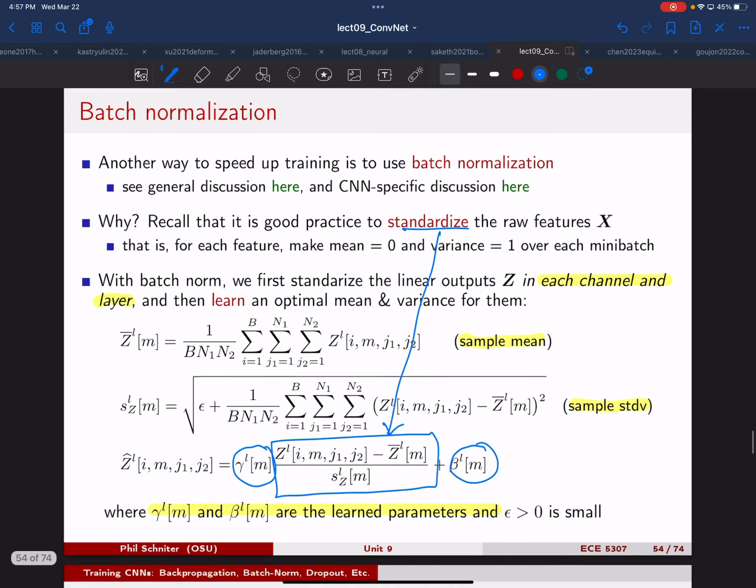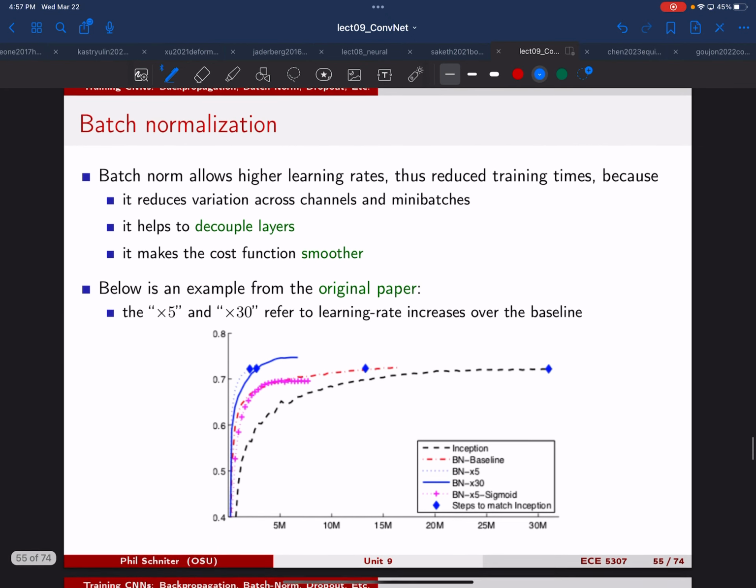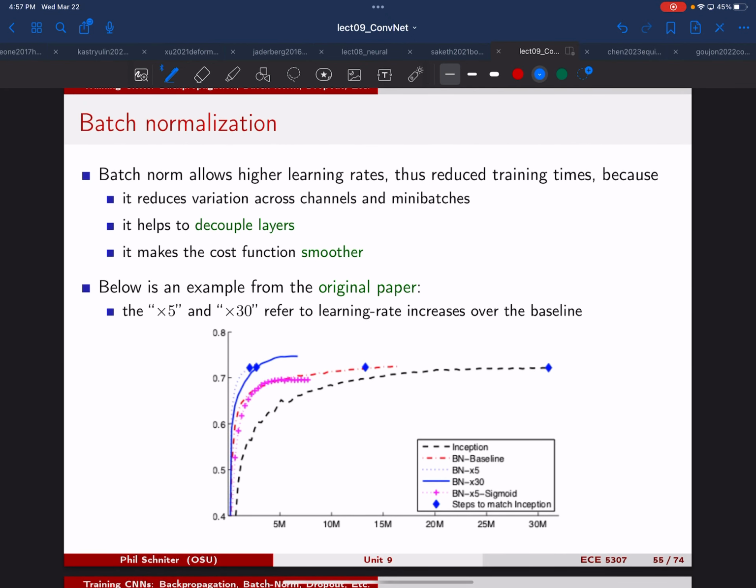Okay, so let me illustrate with an example. This is coming from the original paper. Here we have the number of training iterations, going up to 30 million. And here we have the probability of error, or sorry, accuracy, the probability of correct classification, going up to like 70, 80%.